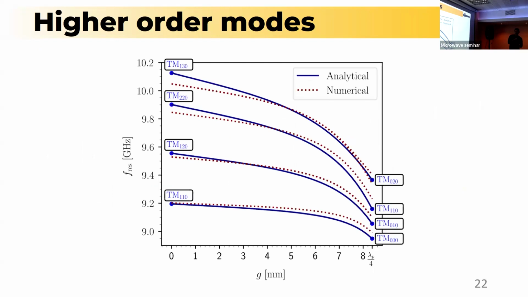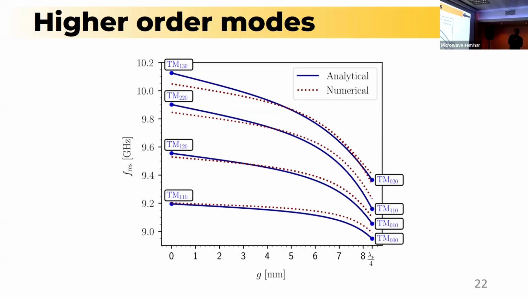So we have this behavior, for example, this chart about how the air gap is influencing our TM modes. We can see that our fundamental mode is going to be a TM000 resonating at the plasma frequency. And considering the higher order modes, we have a similar behavior.